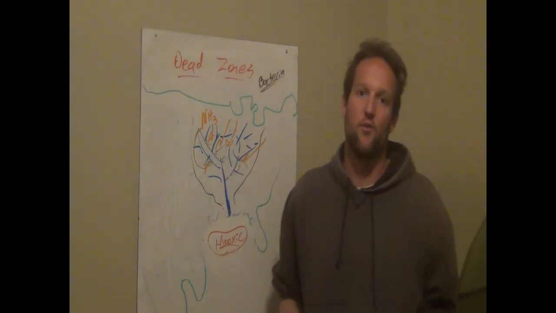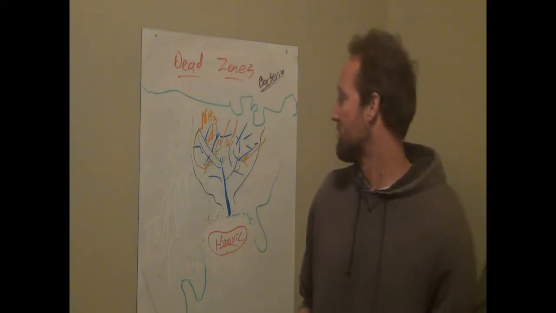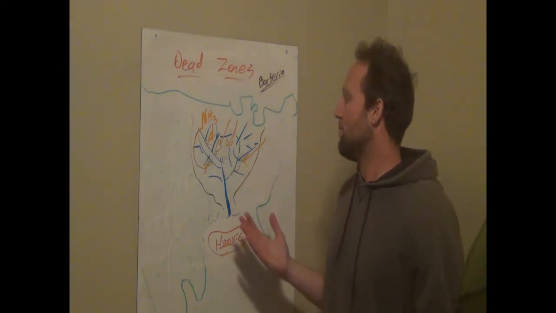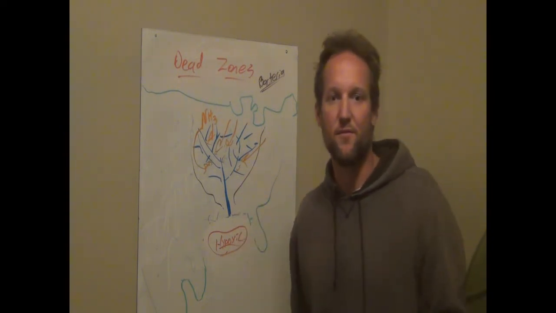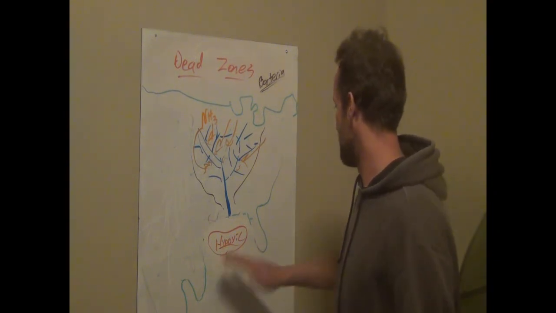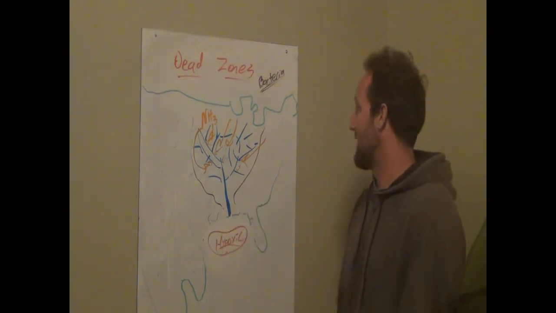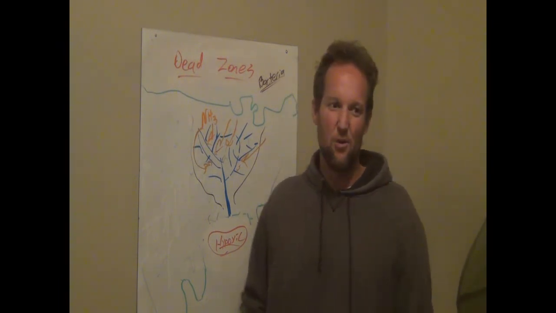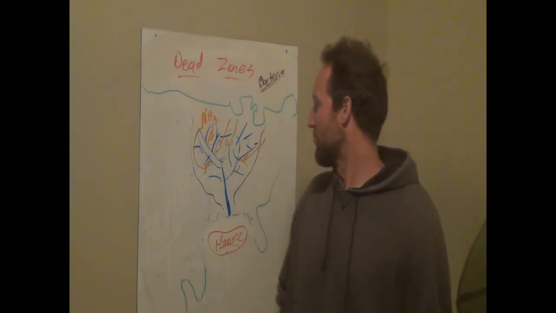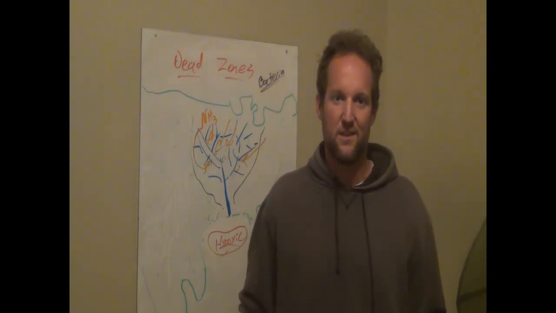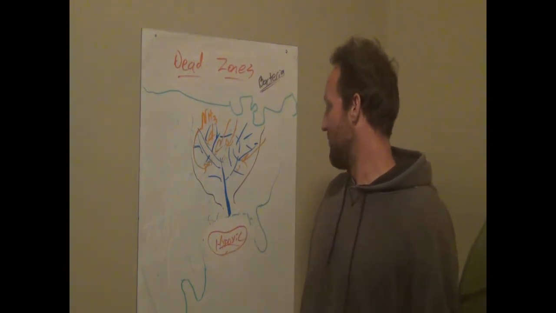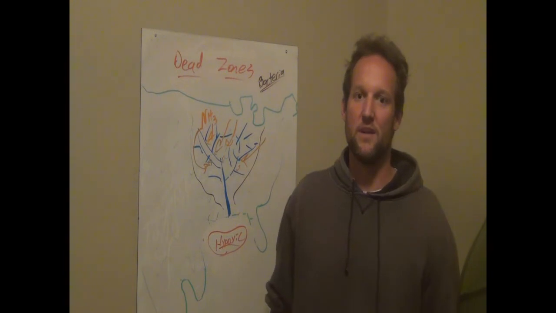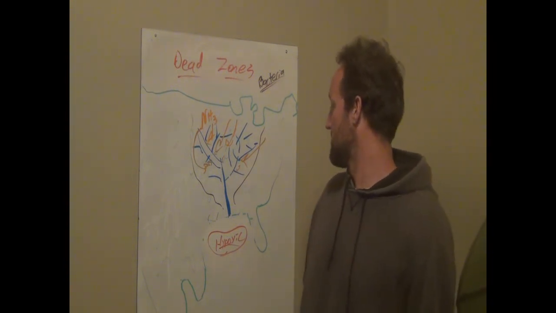We still need to grow enough crops to survive, but we also need to be more careful with our application of fertilizer so that we don't have these runoff situations and dead zones and hypoxia. So anyway, that's pretty much the summary of how the nitrogen cycle can be a problem: overuse of nitrogen and other fertilizers is a big culprit in forming these ocean dead zones.